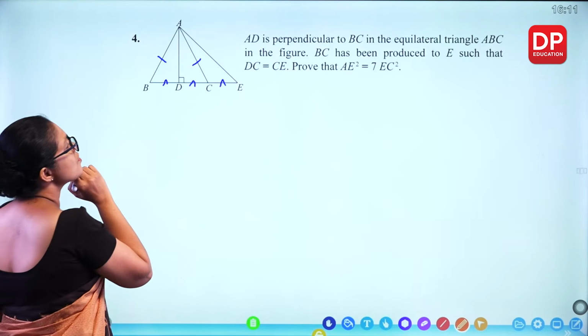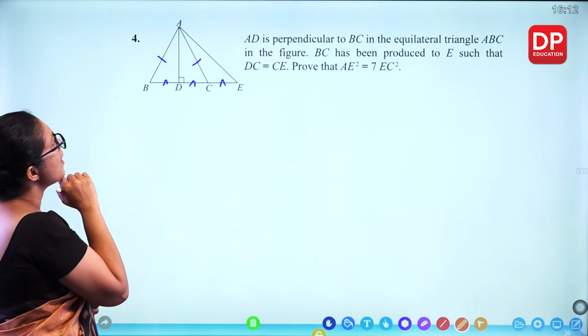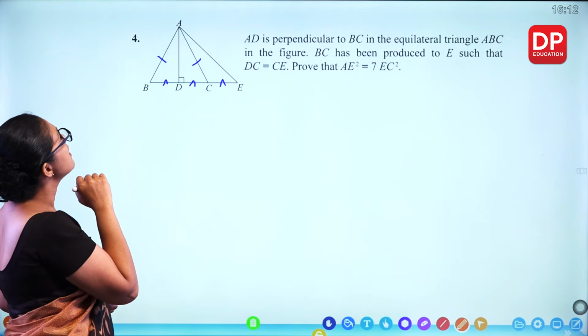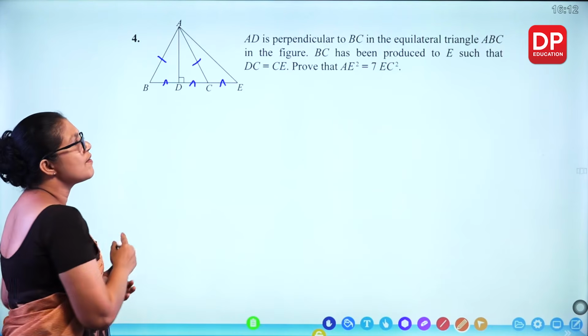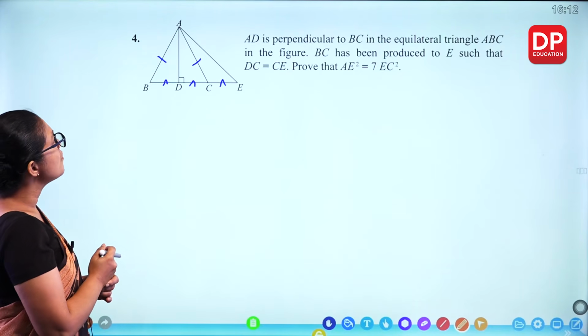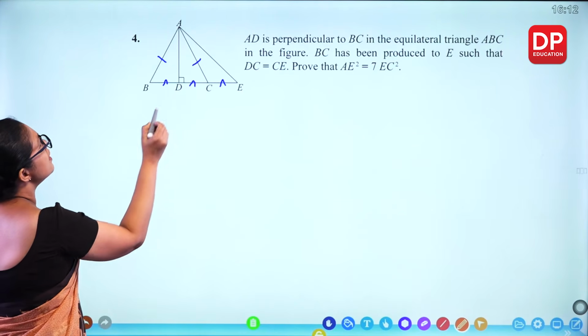So this length also equal. Prove that AE squared is 7EC squared. So we'll start from AE squared.